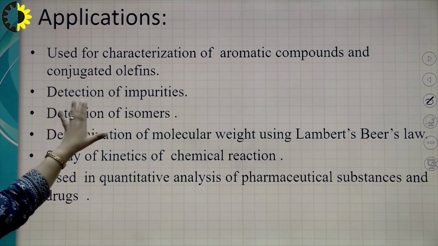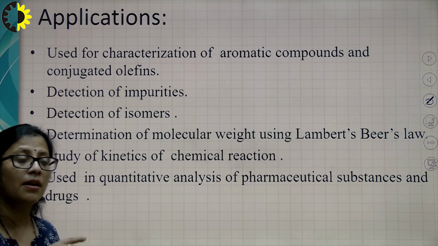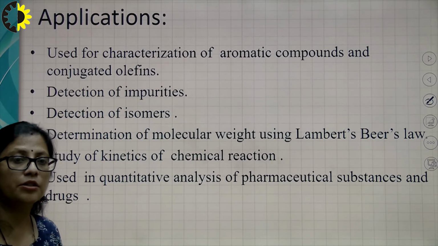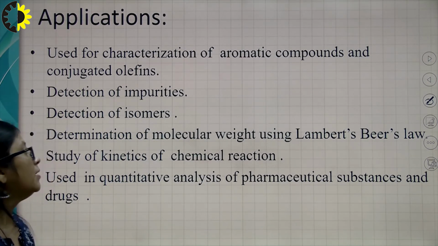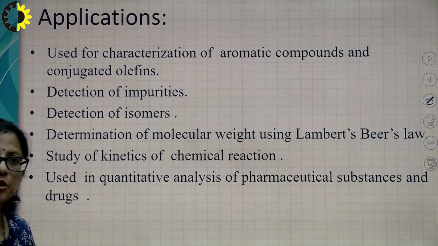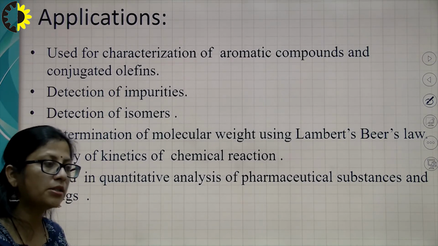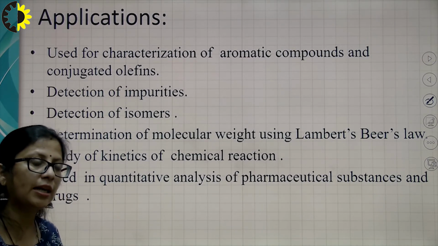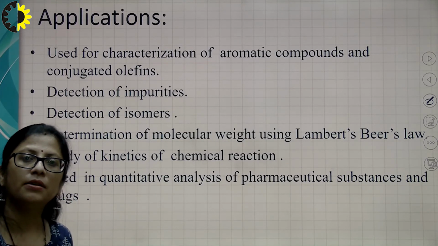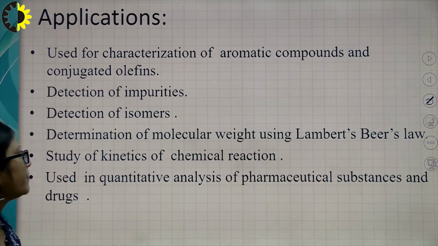Then it is used for the detection of impurities. If impurities are present, then the absorption peak is not going to be sharp, it is going to be broad. Then detection of isomers, whether the isomers contain double bonds in conjugation or double bonds at different positions.